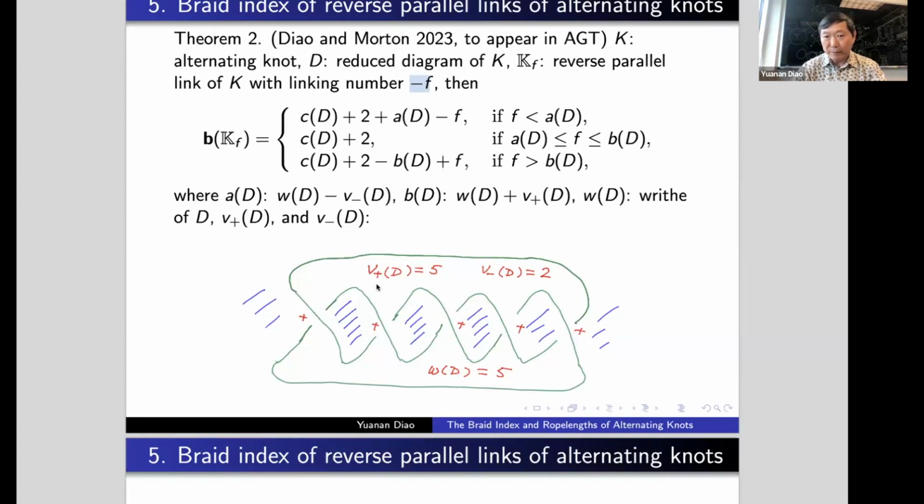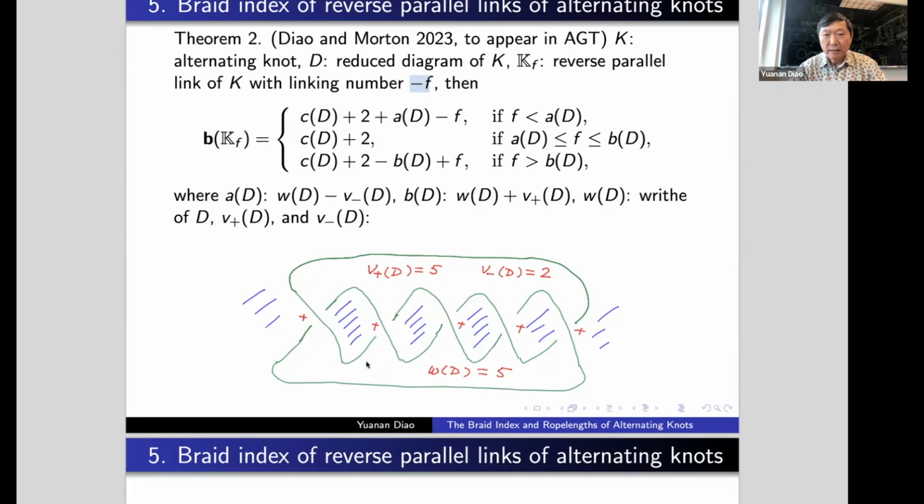Therefore, my V plus is 5. That means when I shade it in such a positive way, the number of shaded regions is what V plus means. And V minus is the number of unshaded regions. In this case, I have 2 of them.